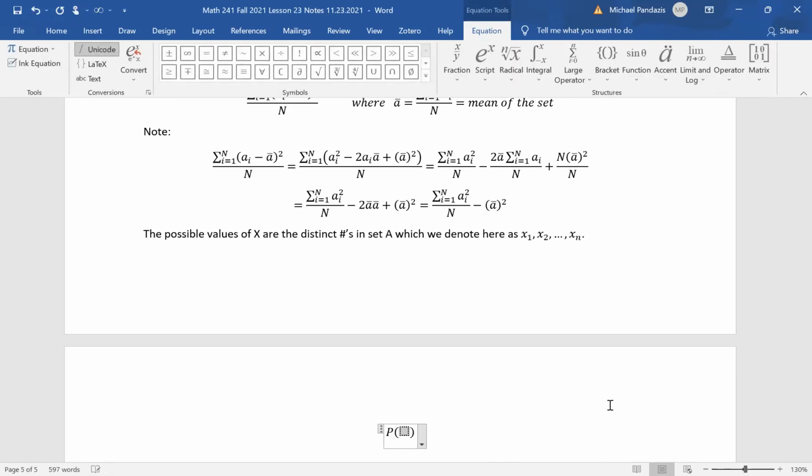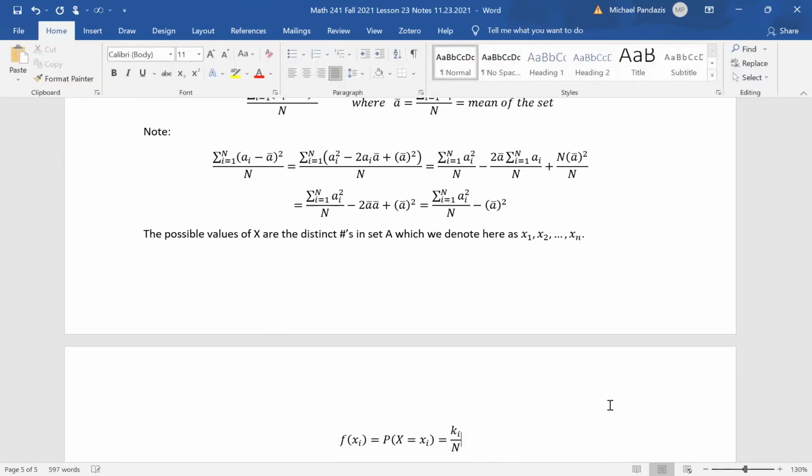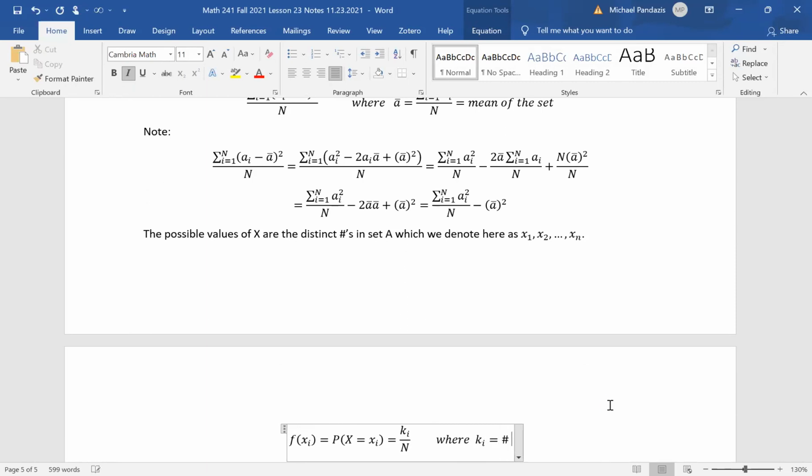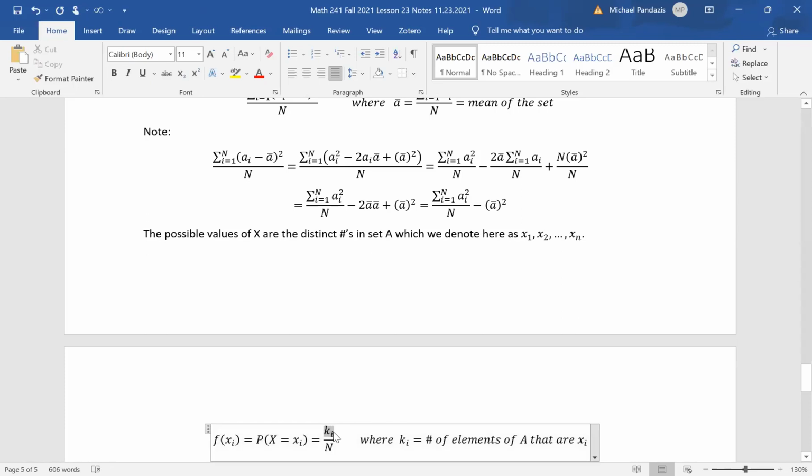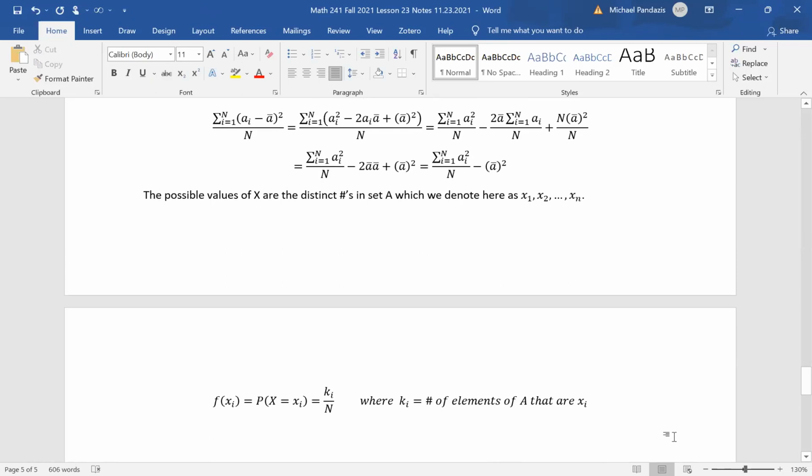So the probability that X equals one of those values, x sub i, that's f of x sub i. What's the probability equal to? It's k sub i over capital N, where k sub i is equal to the number of elements of capital A that are x sub i. So it's the frequency of x sub i, k sub i divided by capital N. That's f of x sub i.